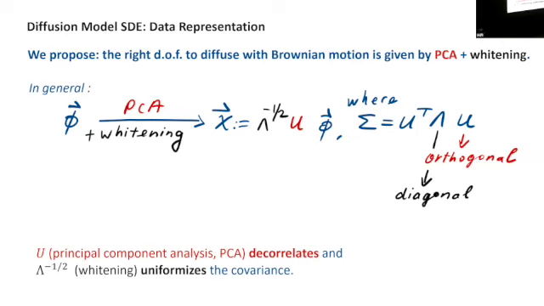This is given by the orthogonal matrix U. And then you do what's called whitening in image processing. So namely, you whiten your signal, where lambda is now a diagonal matrix, and you rescale your signal such that the eigenvalues of the covariance will all be one.